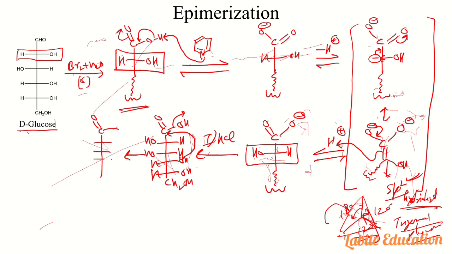1 2 3 4 CH2OH, HOH, H, and this will be O, and here HOH, HOH, and this is the gamma lactone of aldonic acid or gluconic acid.